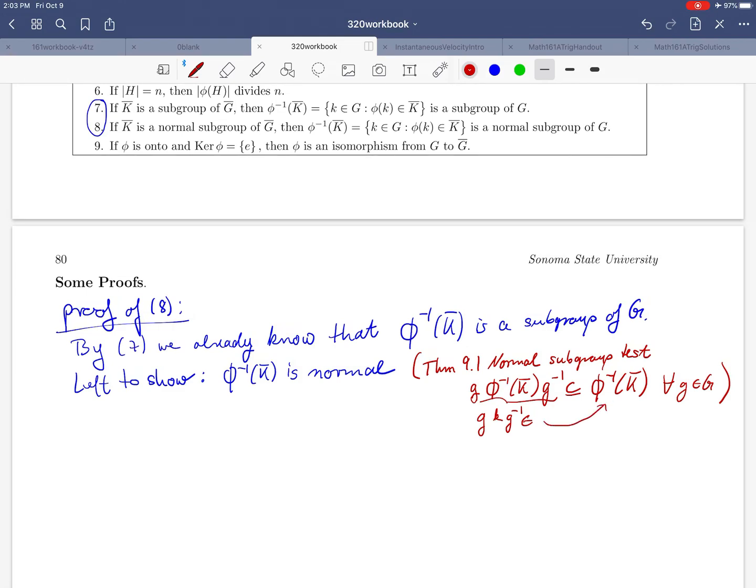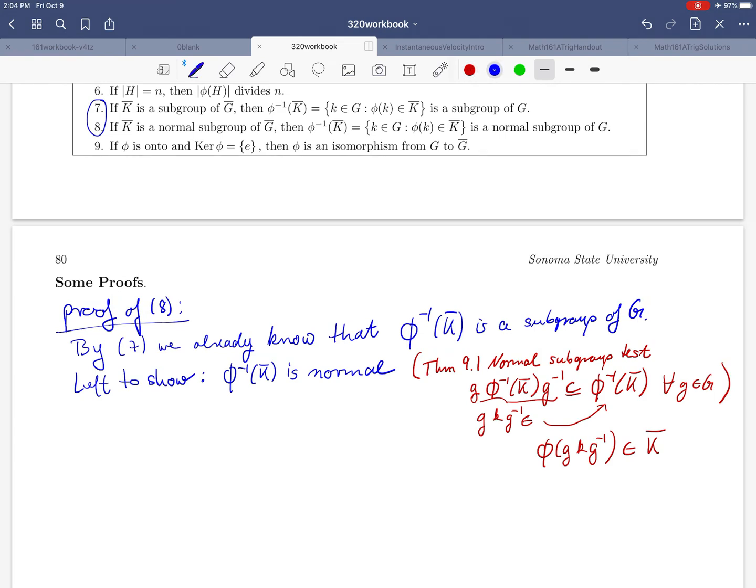And to dig one layer further down, how do you show that? Well, you look at phi of the element, and you show that that is an element in K bar. So that's the strategy of this proof. We take something arbitrary on the left-hand side, we look at its image, and if we can show that it's in K bar, then we've succeeded by using the normal subgroup test.